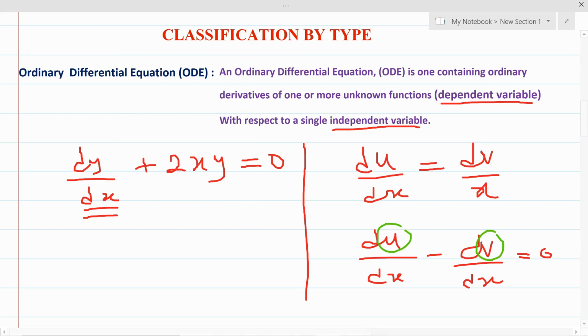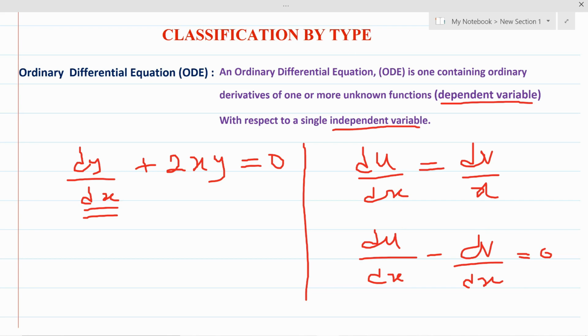Those are the dependent variables. If I see something like this in an equation, then this is an ordinary differential equation. Just keep it in mind.